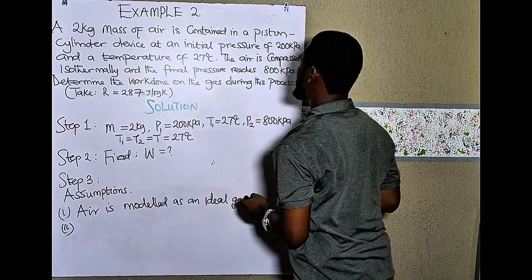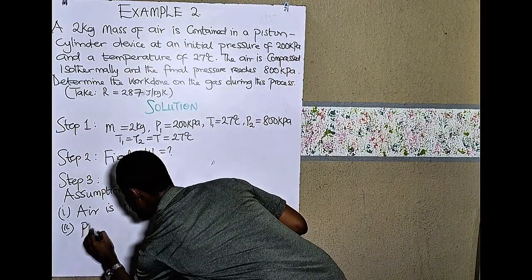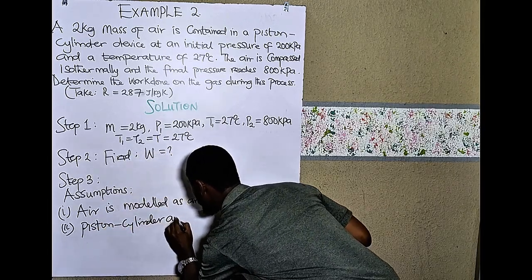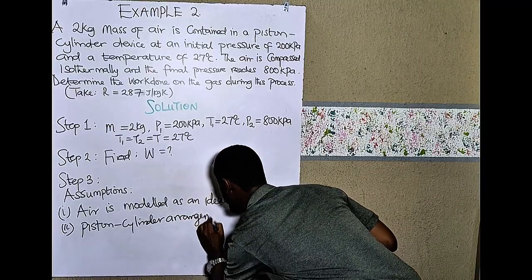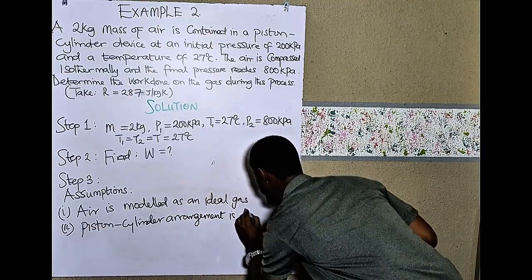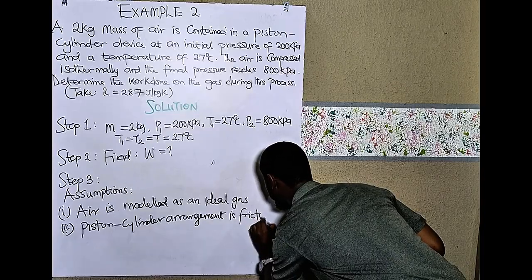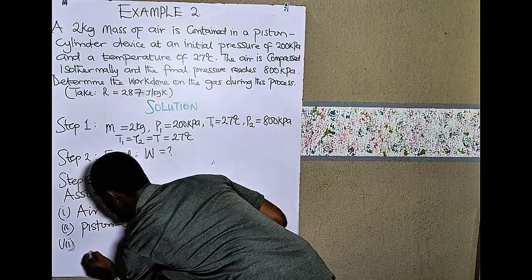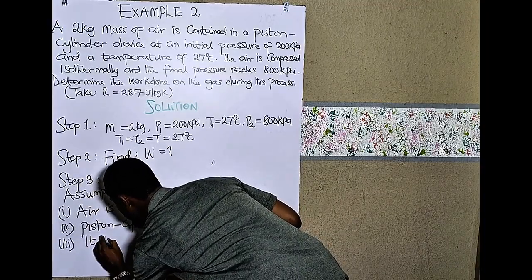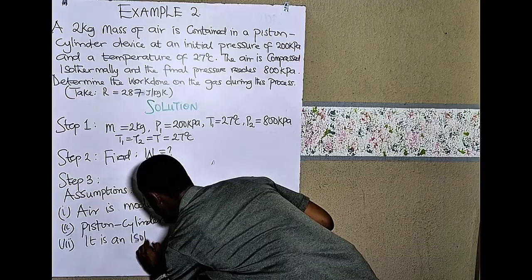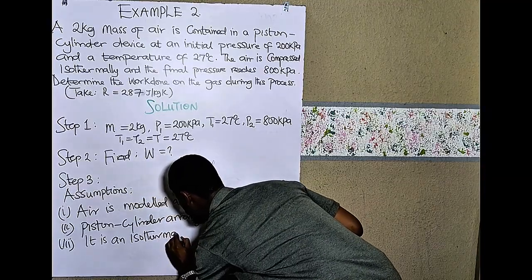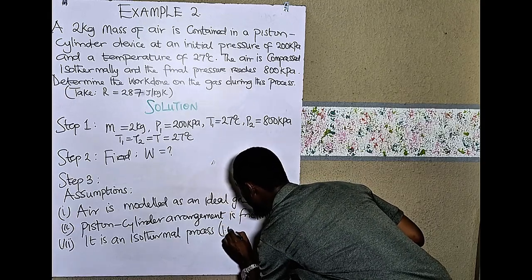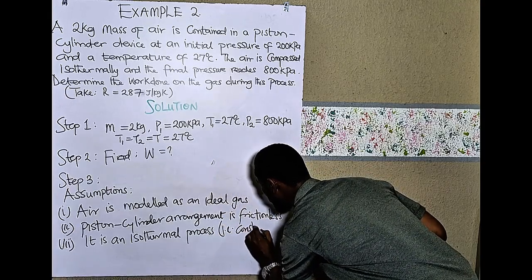Assumption 2: the piston cylinder arrangement is frictionless. Assumption 3: it is an isothermal process, that is, constant temperature throughout the process.